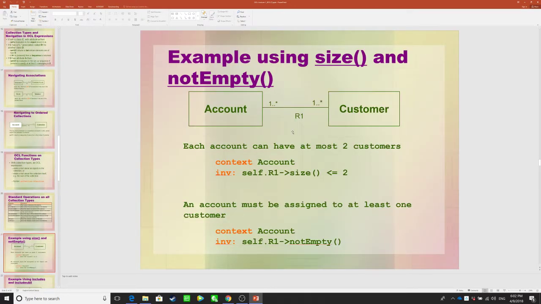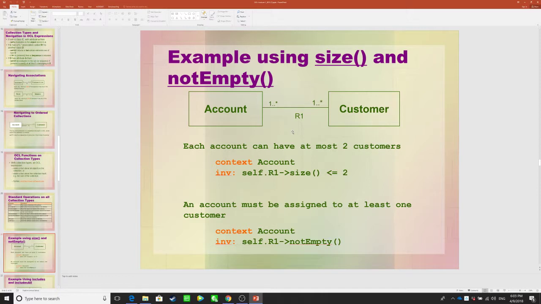Self.r1 returns all the customers of that account, because one account can have many customers. So self.r1 is a collection. That's why we can use size, which is a function of the collection. If it's not a collection, it won't have size.